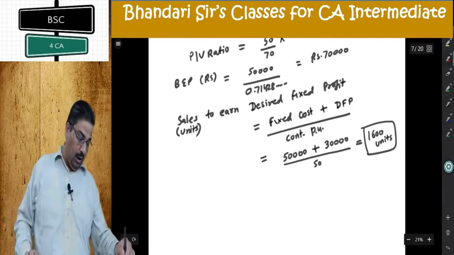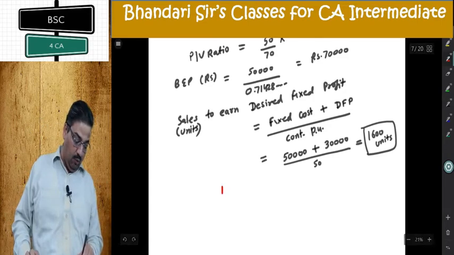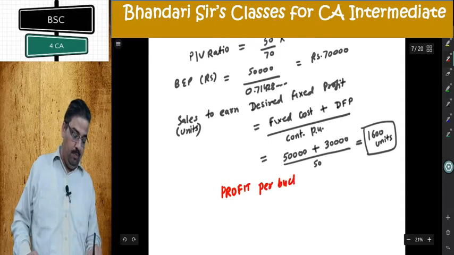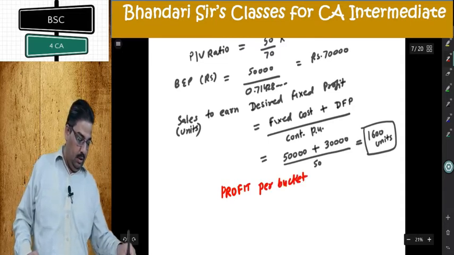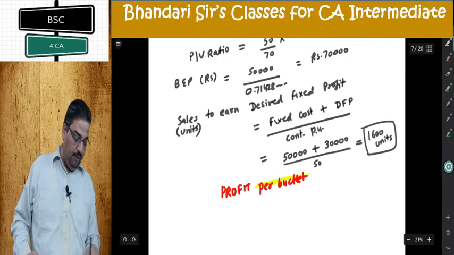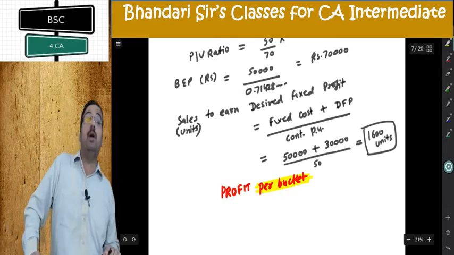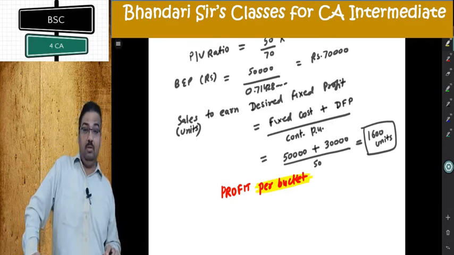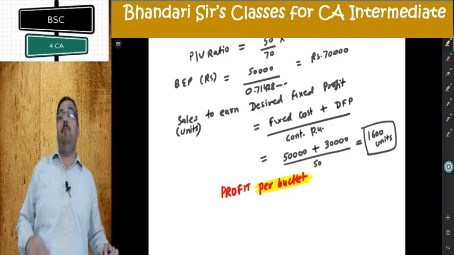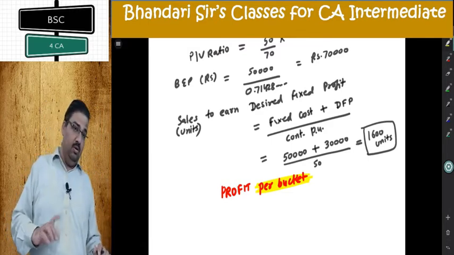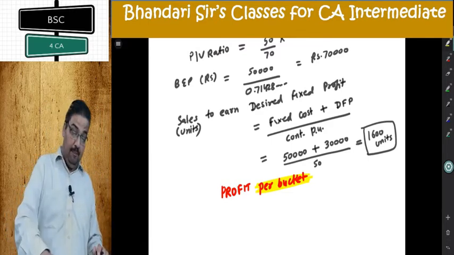I'd like you to underline and concentrate on the words profit per bucket. He does not want to maintain profit of 30,000. He wants to maintain profit per bucket. That is the key thing. Did you calculate profit per bucket in the second part? No, we did not. So let us compute it.